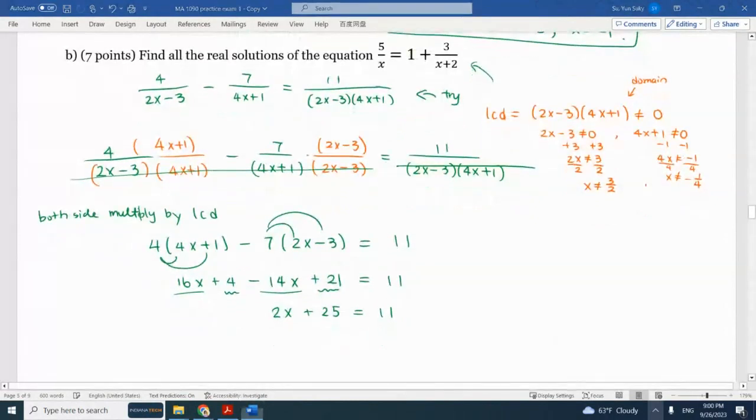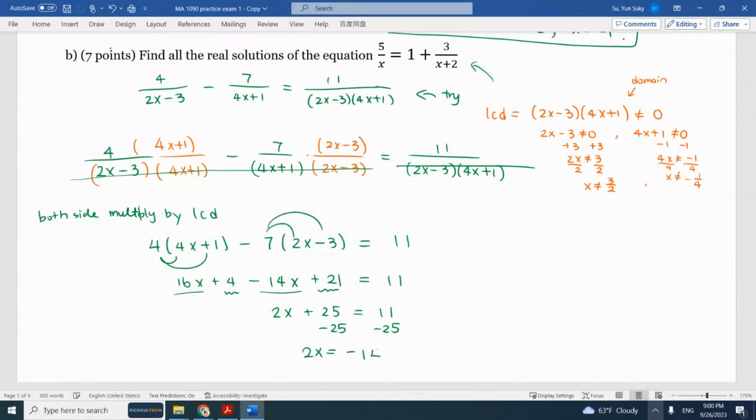We want to solve for x, so subtract 25. 11 minus 25 is negative 14, right? 25 minus 11 is 14, yeah. And both sides divided by 2, we get x equals minus 7.